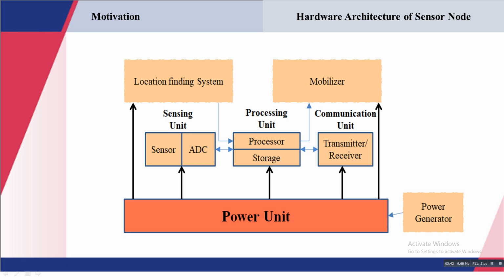But because this harvested energy is discontinuous in nature, we cannot rely on the power generator unit as a backup to the power unit. This external power can be in the form of solar energy, mechanical energy, etc. So we have to utilize the power unit efficiently so that a sensor network can work for a longer duration in a seamless fashion.